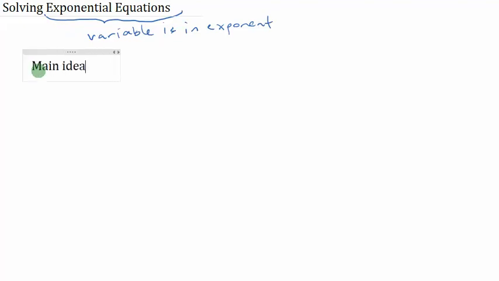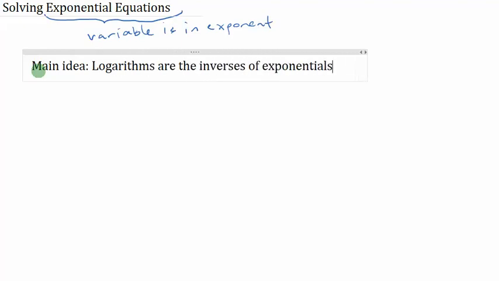Let's take a look at how to solve exponential equations. And exponential equations are where the variable is in the exponent, okay? And before we get into the examples, the main idea here that we'll be using is that logarithms are the inverses of exponentials, okay?